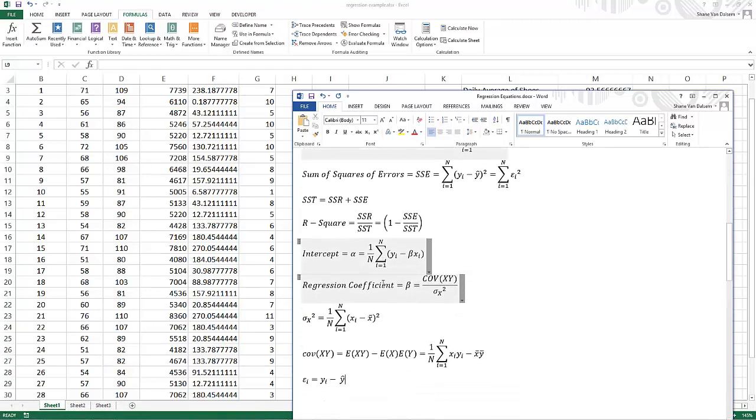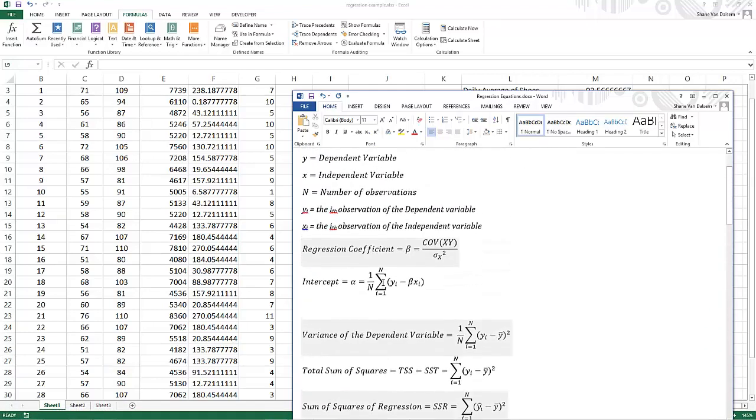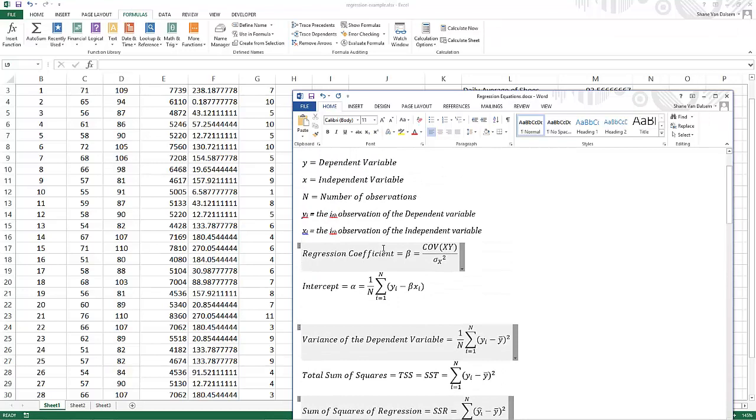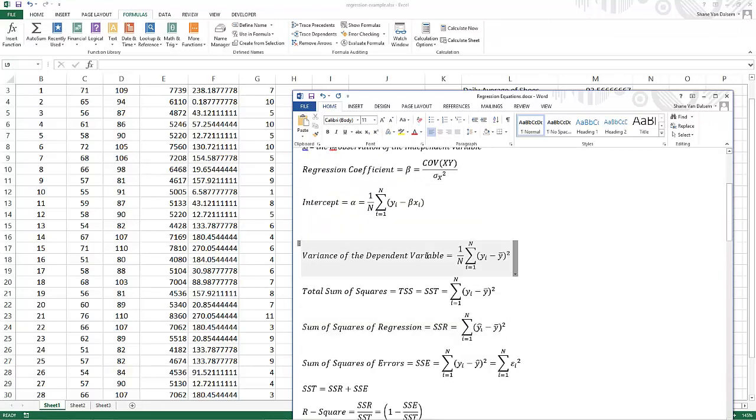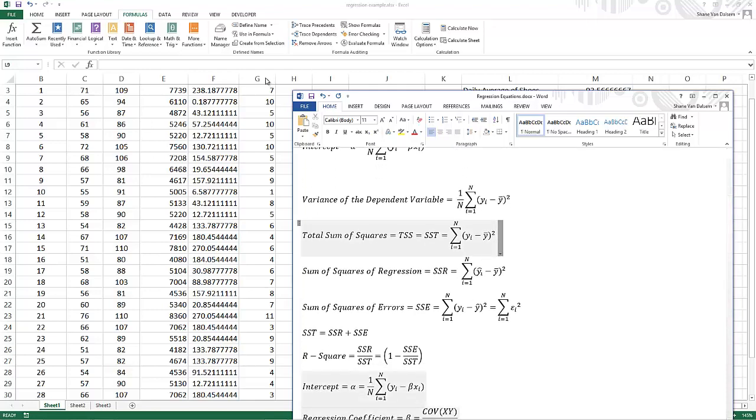So we've calculated the alpha, the intercept, and the beta, or the regression coefficient that you will see in regression outputs. So now we want to get into the R-square. I have here the variance of the dependent variable, the total sum of squares, and at this point I'm not going to calculate the variance of the dependent variable, but I did want to include this so you could see the relationship between them.